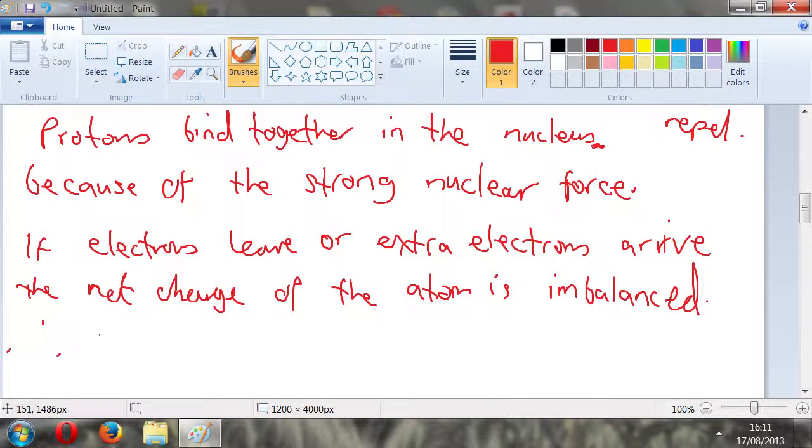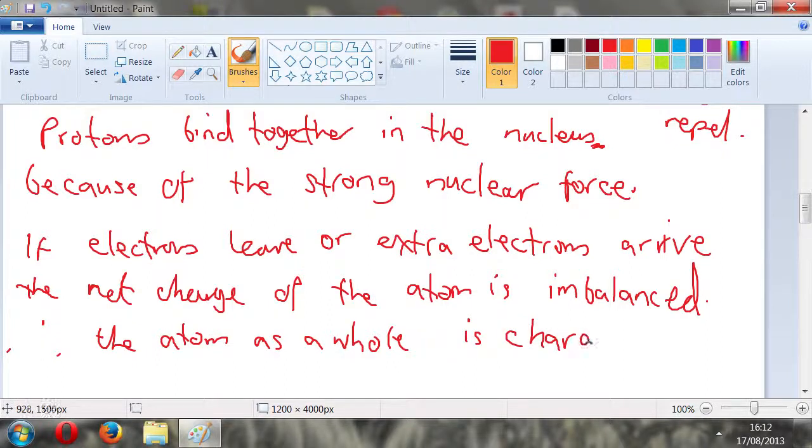Therefore, the atom as a whole is charged.